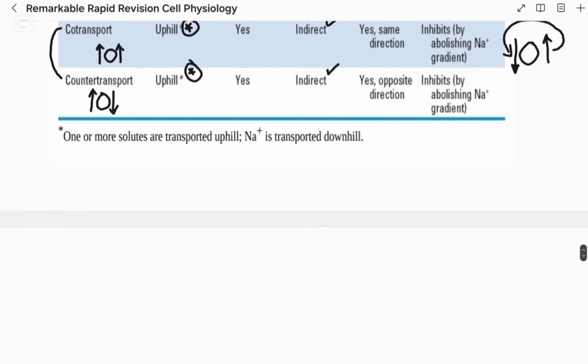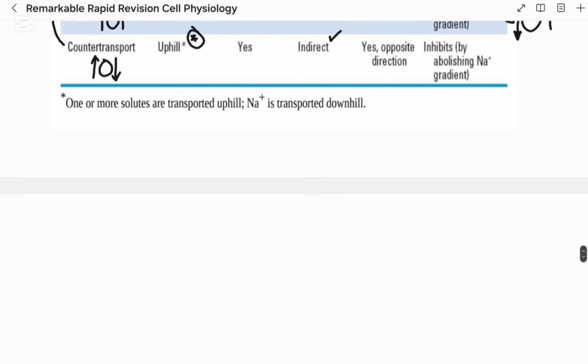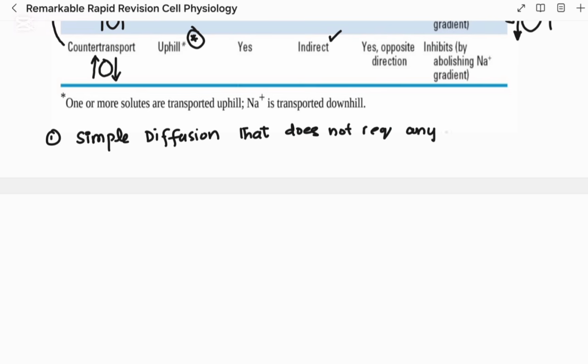Now we simply highlight some important points that are related to transport physiology. 1. Simple diffusion is the only form of transport that does not require any carrier. Rest all require carriers.